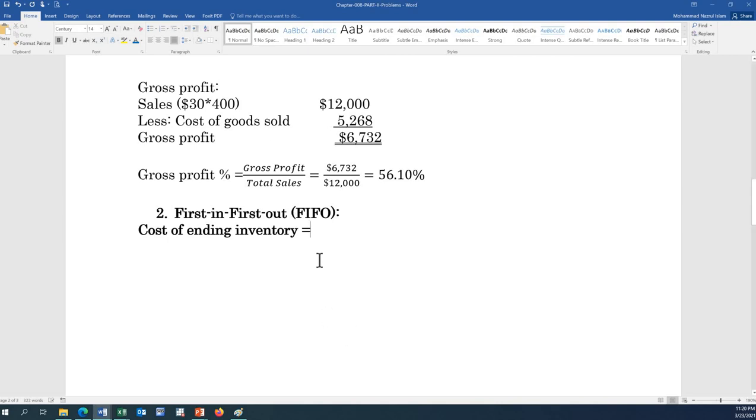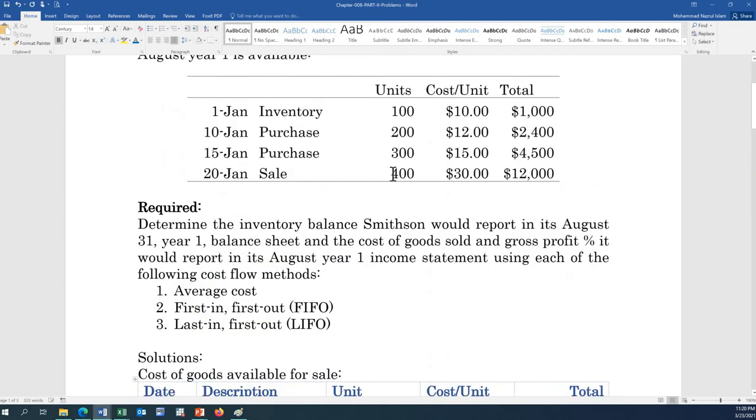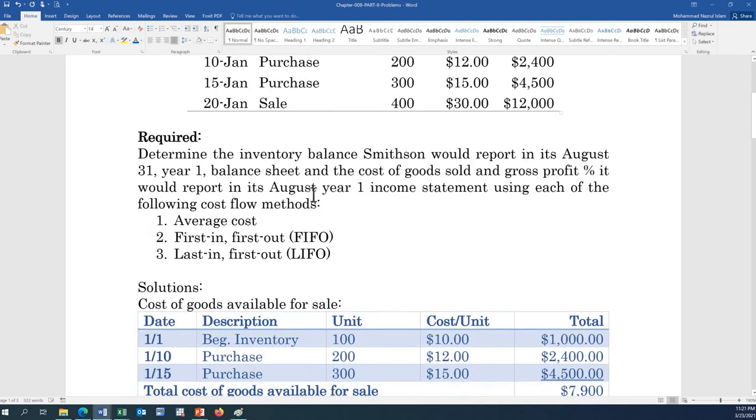We have sold a total of 400 units on January 20. Since this is first in, first out, we will sell these 100 units first, then these 200 units, and finally 100 units from the January 15 purchase. So we will have 200 units in ending inventory from the January 15 purchase.